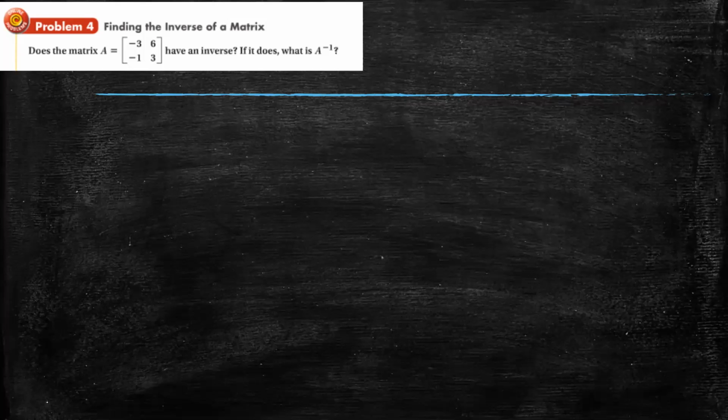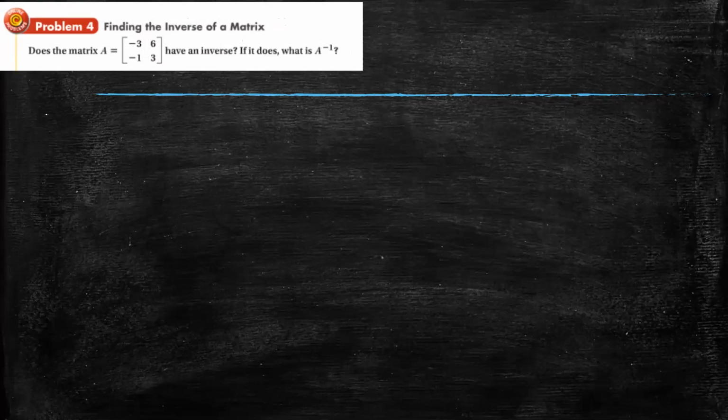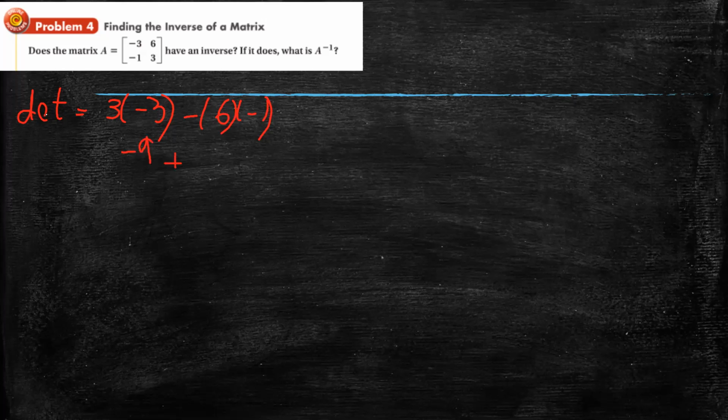So let's find now the determinant. The determinant here is 3 times negative 3 minus 6 times negative 1. 3 times negative 3 is what? Negative 9. Negative 9 plus 6 is negative 3.